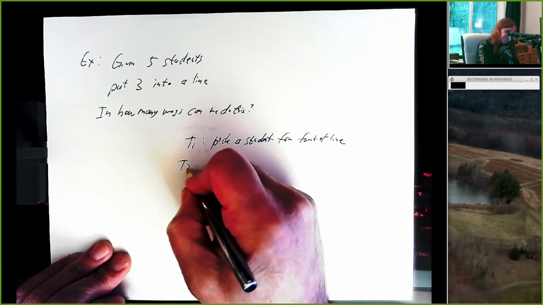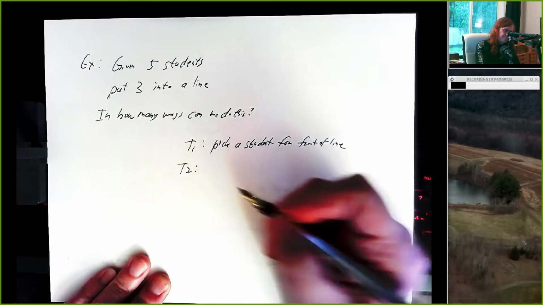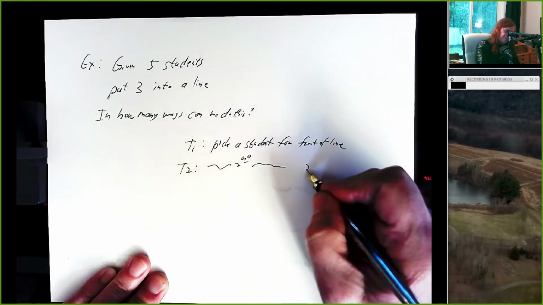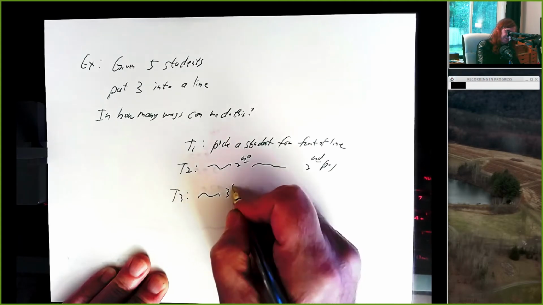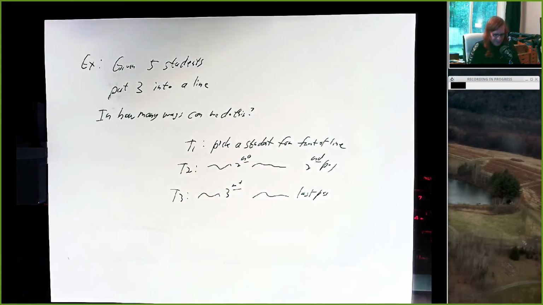And then what's the second task? The second student for the second position. Pick a second student for the second position. And then the third task, pick a third student for the last position. If we do these 3 subtasks, we've completed the task of picking 3 students to put in a line.